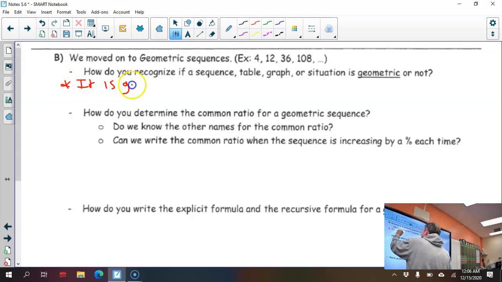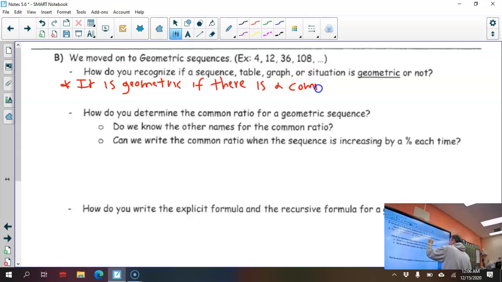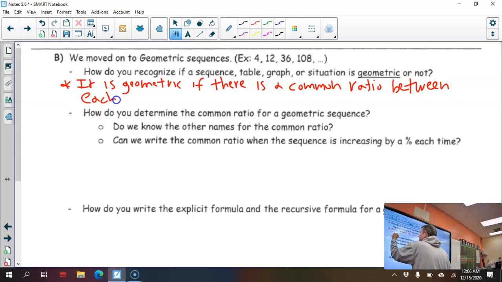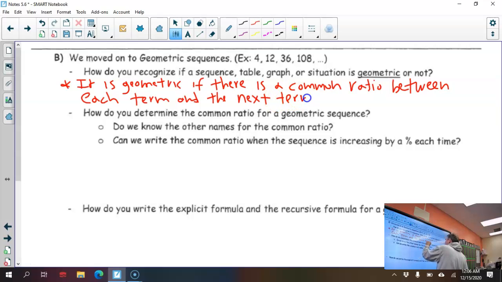It is geometric if there is a common ratio between each term and the next term. How do you determine the common ratio? Do you know the other names for it? Can you write it when it's a percentage?